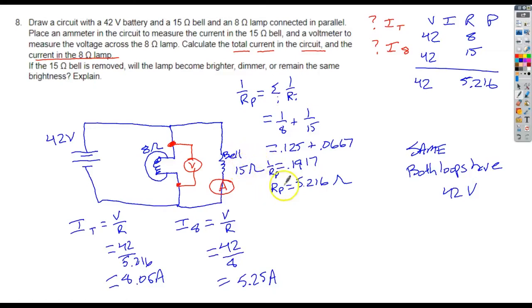In fact, what we could do is we could go through and just think about what's going on there, and we already kind of know the current running through. So if we remove the bell, the lamp will stay the same, and we know it will stay the same because I still have 42 volts going through this part of the circuit. And that is the end of number 8.